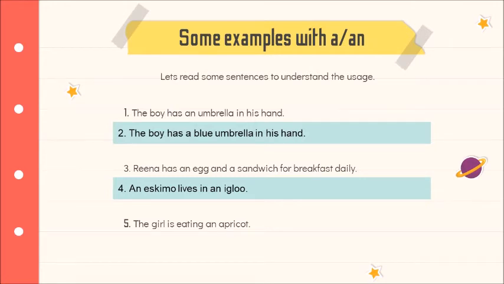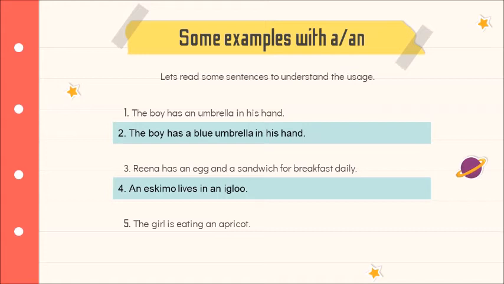It's time now, children, to read some sentences where we have used a and an to understand their usage. Sentence 1. The boy has an umbrella in his hand. I say an umbrella because umbrella starts with a sound, which is a vowel sound.